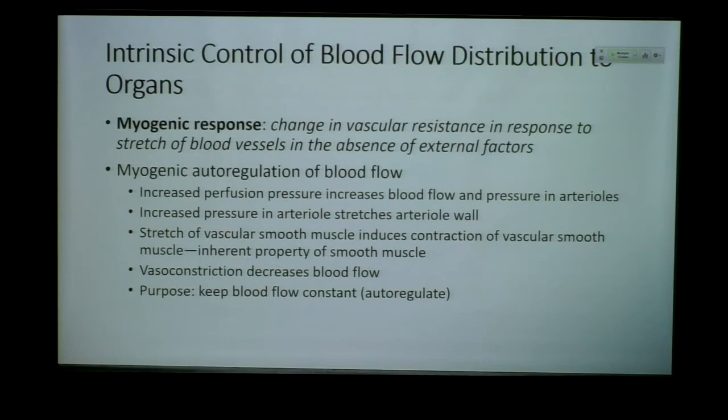So if I stretch the arteriolar wall, it will naturally recoil or vasoconstrict, which keeps the flow constant. Because you don't want to increase the flow to an organ system excessively. And this is the blood vessel's way of sort of protecting itself from excess flow or from excess vasodilation. Okay, I hope that makes sense. All right, any questions on that bit?